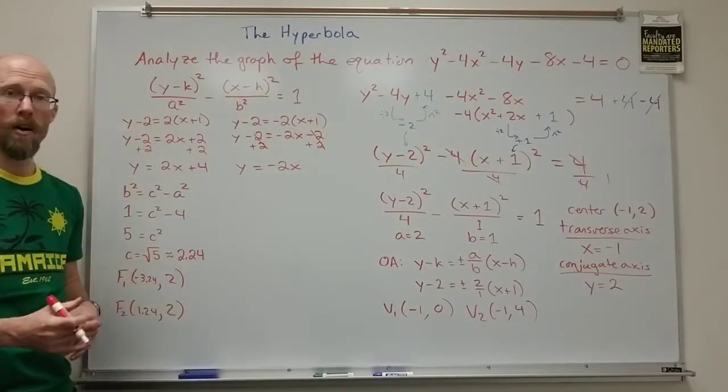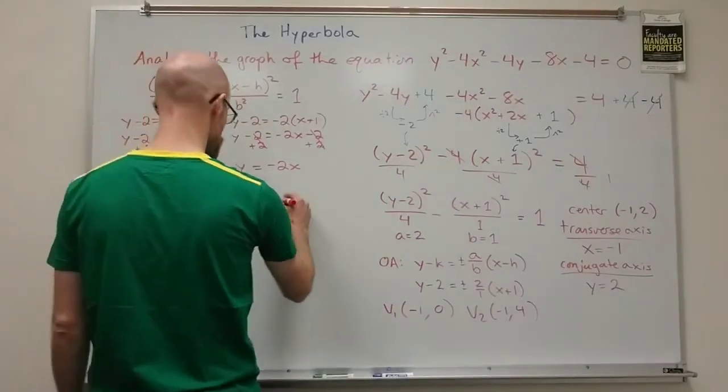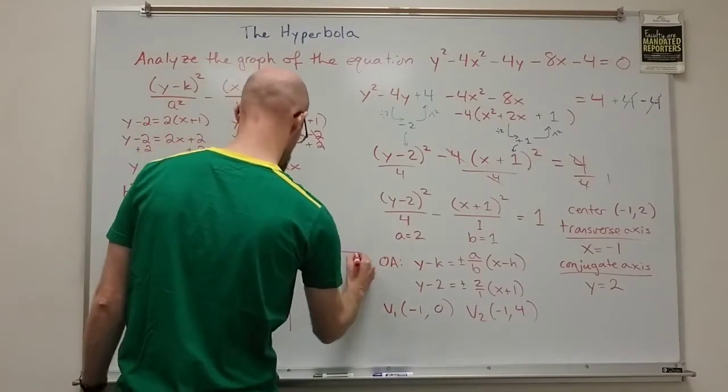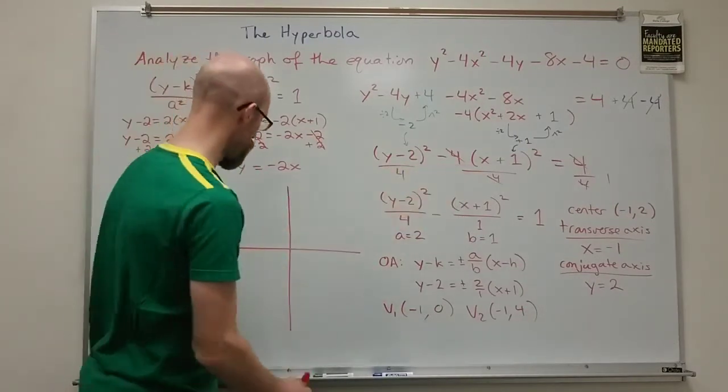Okay, so now all I have left is to plot all this stuff and get a nice graph going. Now, the center is shifted, -1 comma 2.